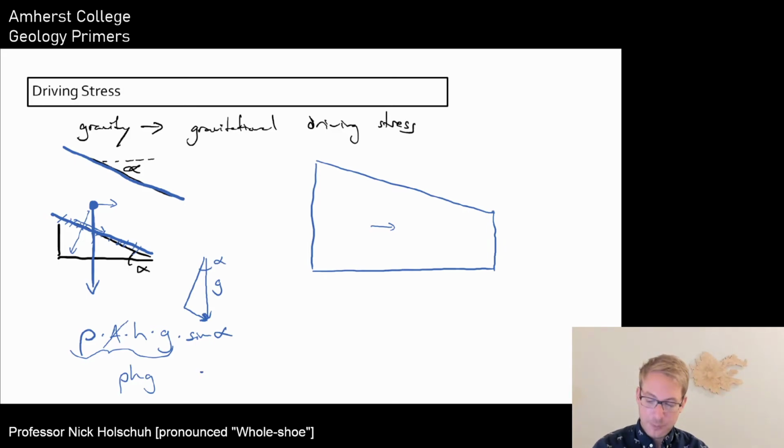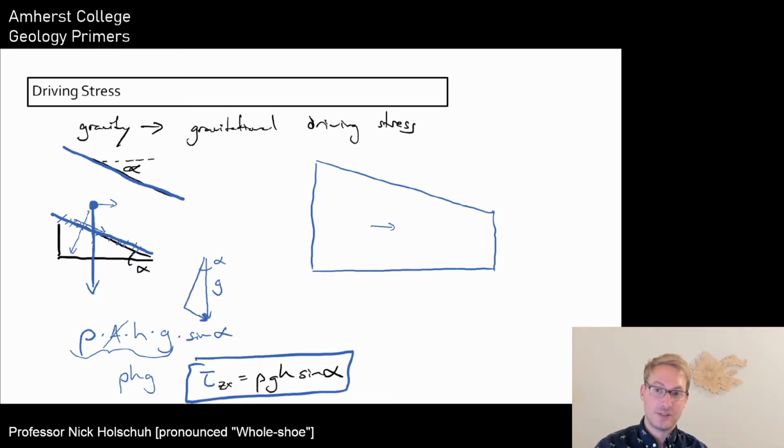And what we end up with is a shear stress, actually we'll call this zx, acting on the z face in the x direction, equal to rho g h sine alpha. This is our consistent term for the gravitational driving stress.